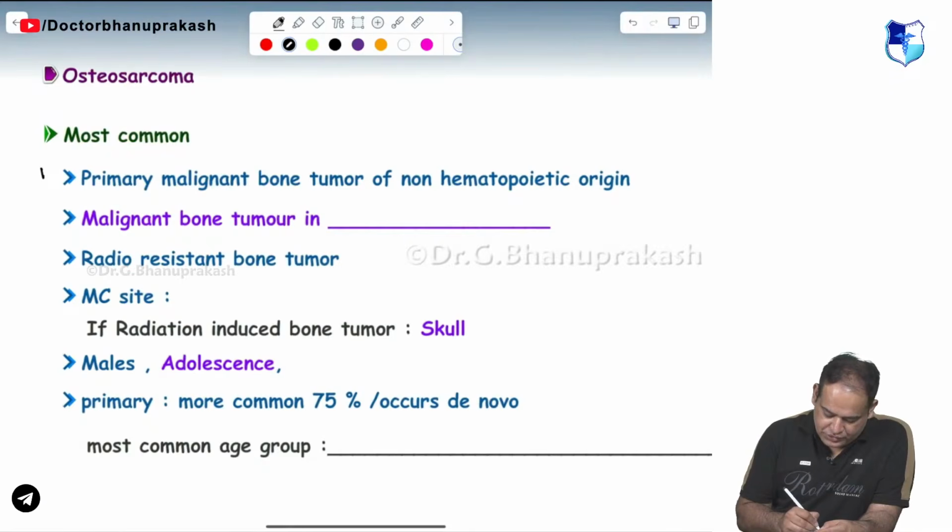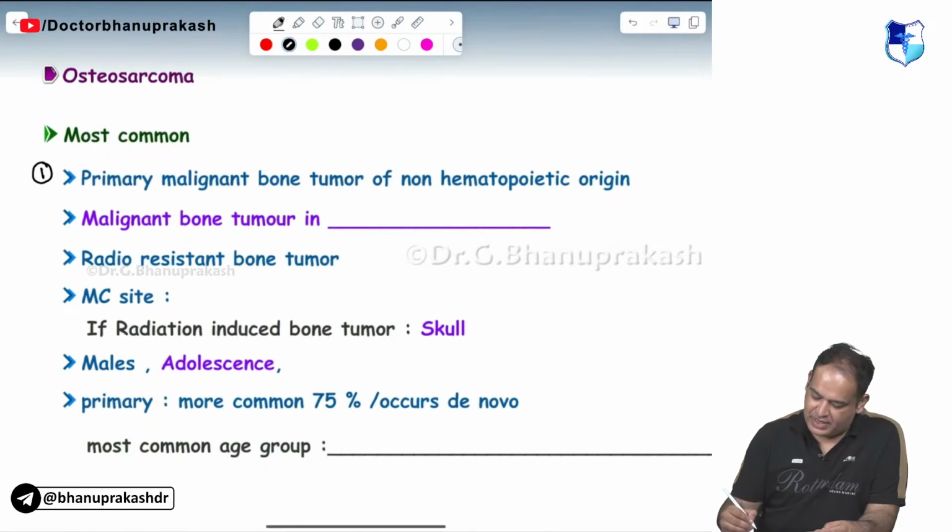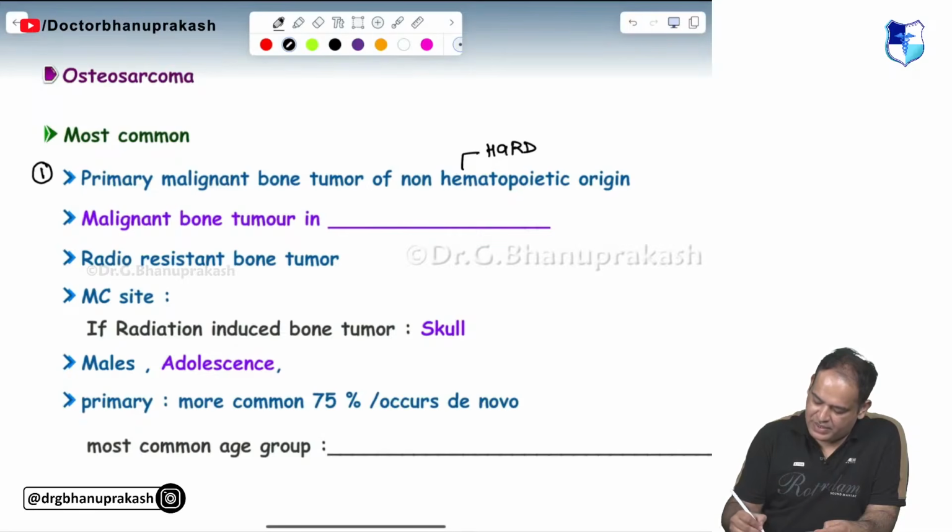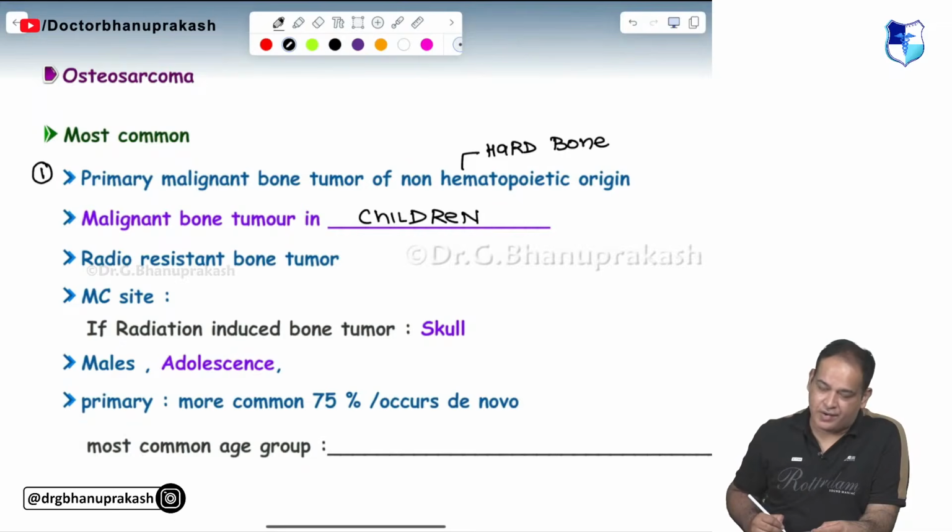Osteosarcoma. Now, it is the most common primary malignant bone tumor of non-hematopoietic origin. That means it arises from hard bone. It is the most common malignant bone tumor in children.